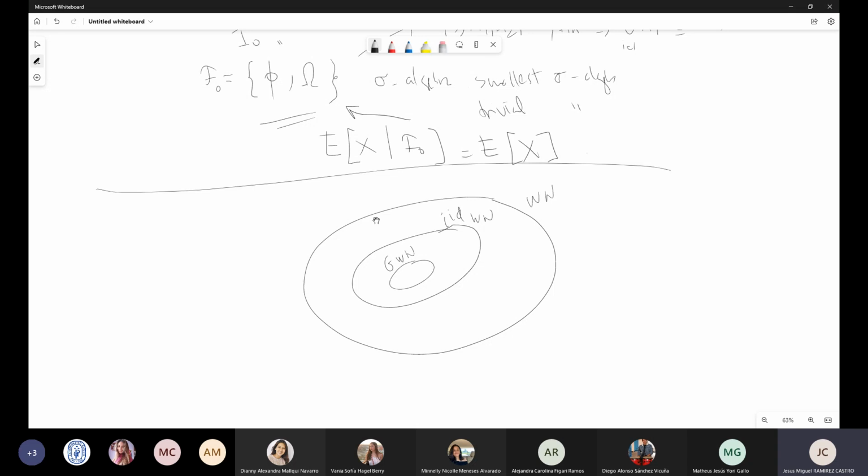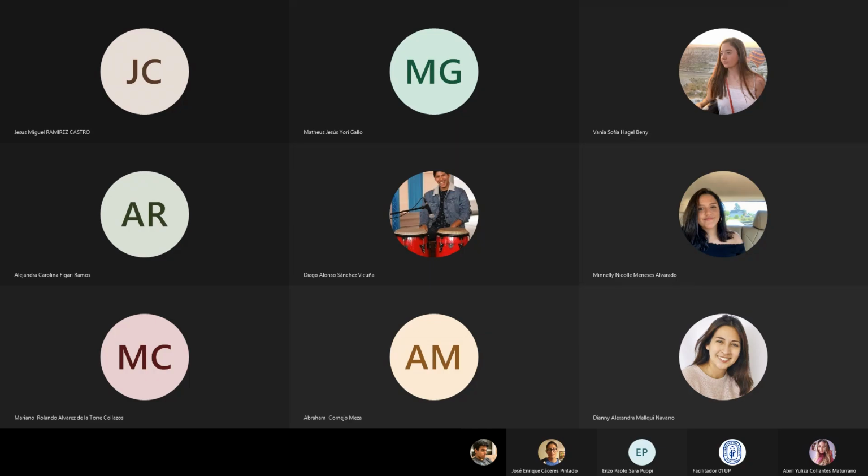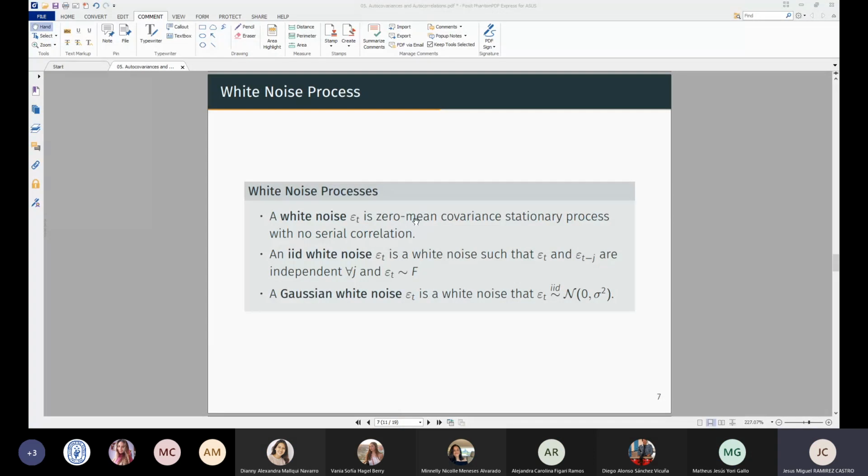Un white noise is a zero mean covariance stationary process with no serial correlation. Entonces, un white noise tiene zero mean, es covariance stationary y no tiene serial correlation.